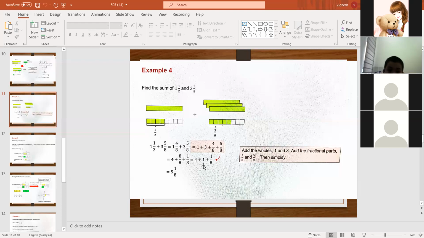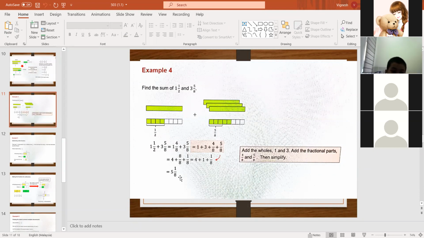The improper fraction, you must convert it into a mixed number. So you should get 1 1/8. Okay, but we already have the 4 that we added up just now, 1 and 3, remember? So you have to add up all together. So you should get 5 1/8.